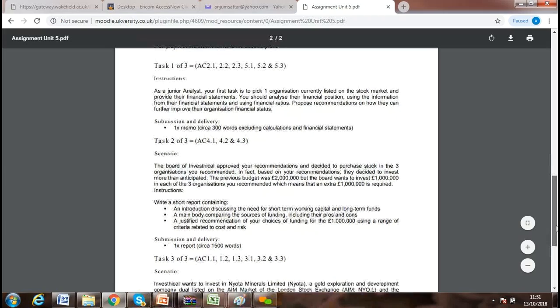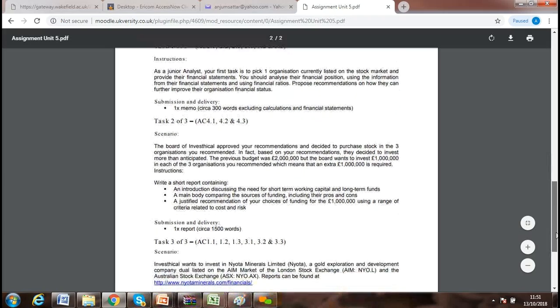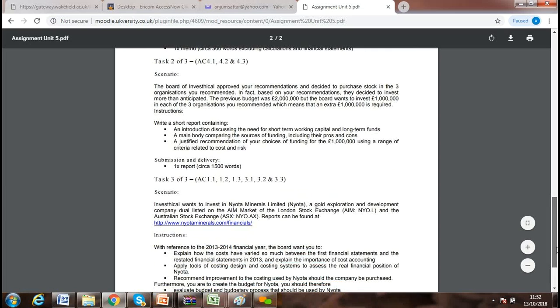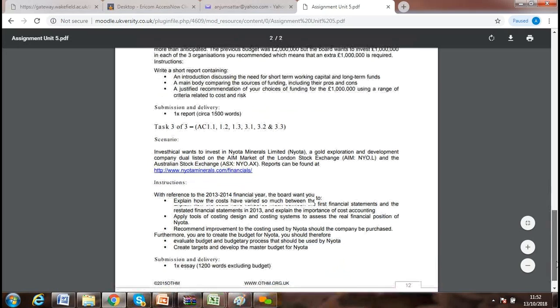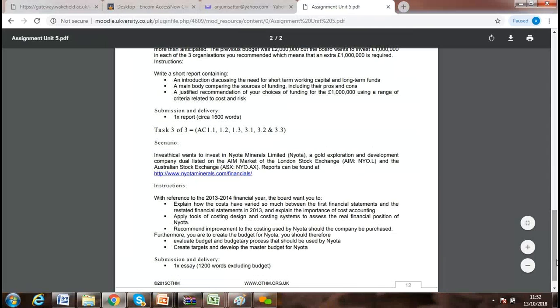Task 2 covers assessment criteria 4.1 and 4.2, and then task 3. Today's discussion will be more relevant to task 3, because our assignment is set slightly differently in order by OTHM, your awarding body. That's why we are following the learning outcomes first, and then in the last lesson we'll go through how we can address all these tasks within our lessons.